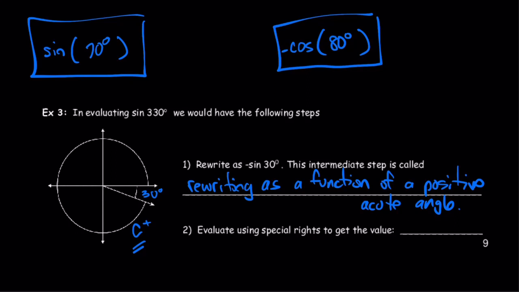So we're going to evaluate using special right triangle to get the value. So I look at, I'll do it up here, negative sine 30 degrees. So I have a negative out front, and we should recognize, either have it memorized, think of the chart, or use the triangle. Sine of 30 is 1/2. So that value is going to be negative 1/2.